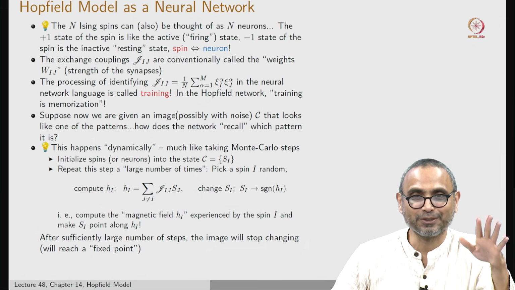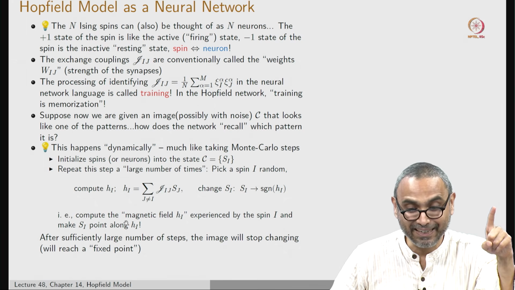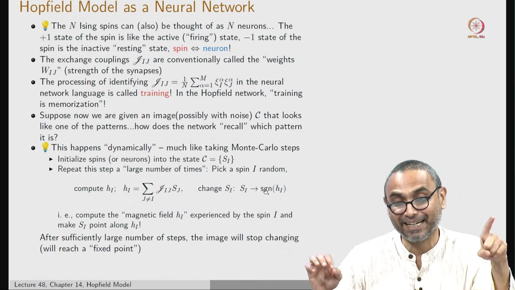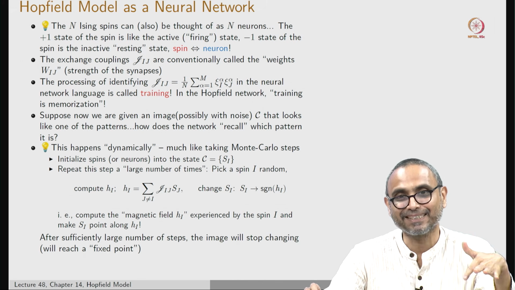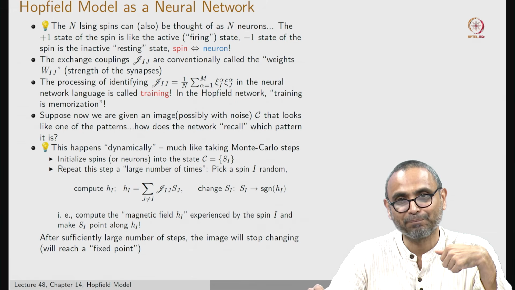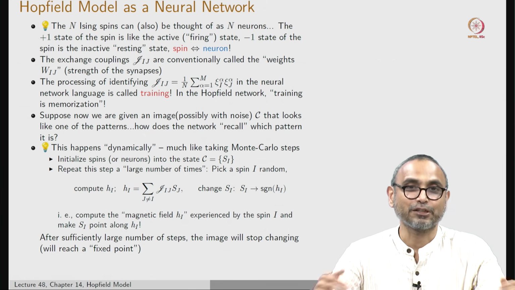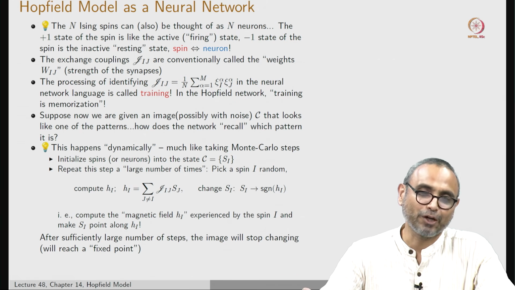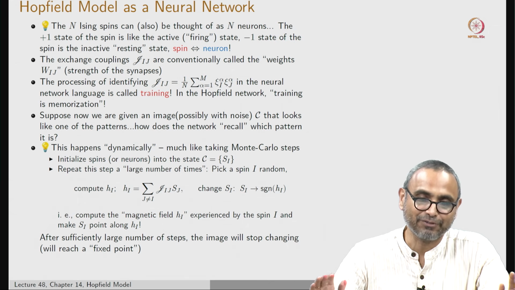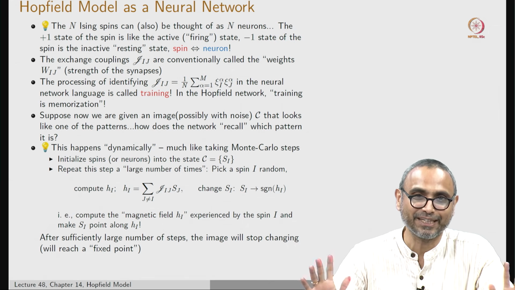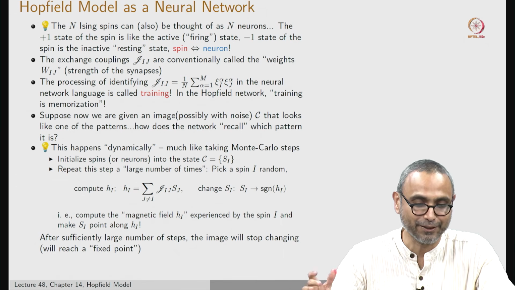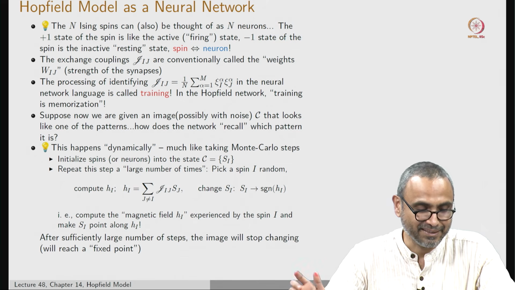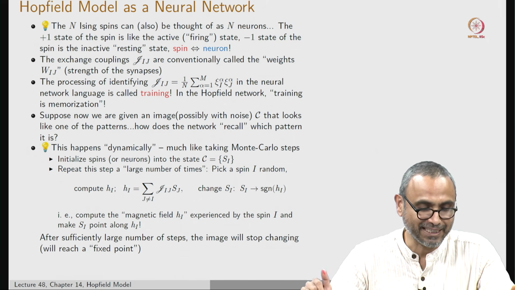And the dynamics you are going to do is the following: you will find this hi and make sure that the spin Si points in the same direction as hi. So if hi is positive, the spin will be plus 1, if hi is negative, the spin will be minus 1. Okay? And so you keep doing this, and what you will find is that after a sufficient number of steps, the configuration will not change. The configuration will go to what is called a fixed point of this dynamics, some kind of equilibrium state of this dynamics.